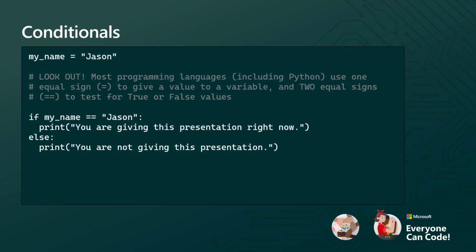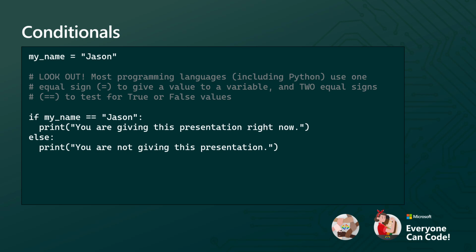And here's what that looks like in Python code. So we take one of those variables and we set its value to Jason, and we say, if my name is equal to Jason, print you are giving this presentation right now, because I am. Else, print you are not giving this presentation. Why? Because your name isn't Jason and you're not me.